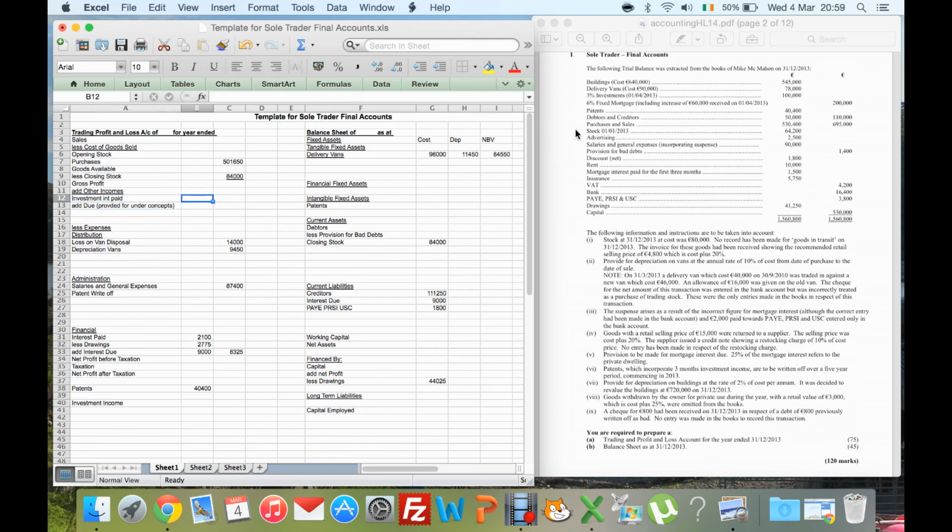So our investments, 3% investments taken on the 1st to the 4th. The investments is 100 grand. We should have received 3 grand for the year. Now the total for the year is going to have to be 3% of 100 grand. We only had it for 3 quarters of that year, so 1st to 4th, yeah, 3 quarters. So that's 2250 is the total for the year.